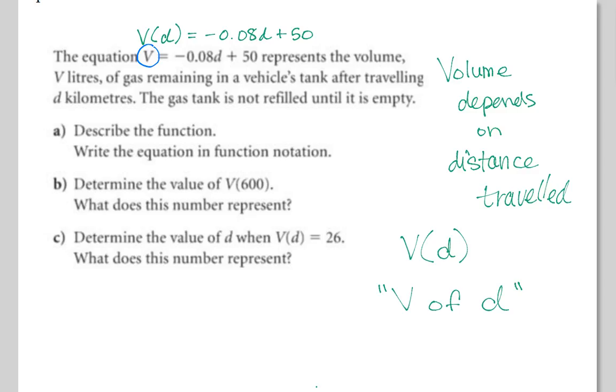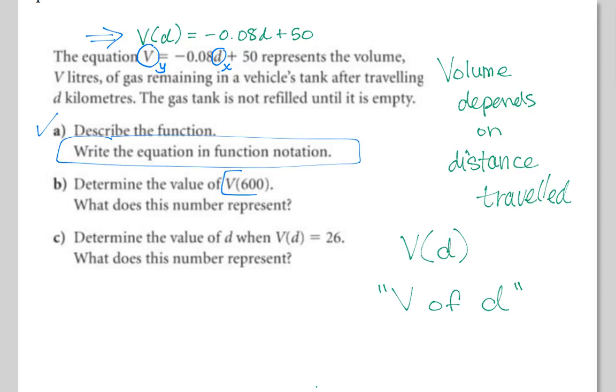This is the y, and this is the x. So V of d, cost of n, whatever it is, it's y and x. So we've done this. Write the equation in function notation. That's right here.